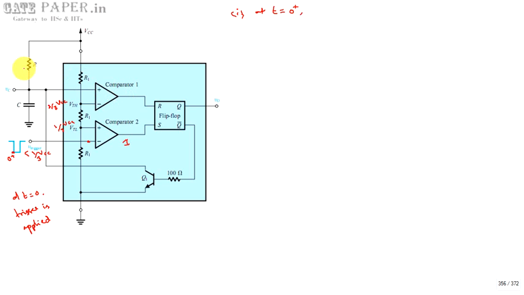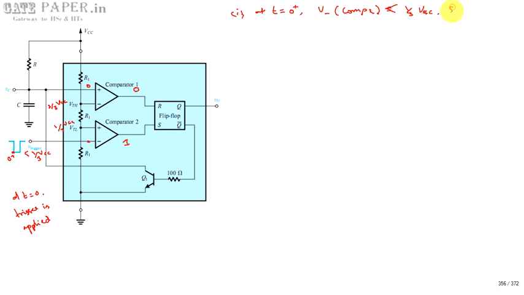Since previously output is at low level, capacitor voltage is at 0 and it is at 2/3 VCC. So 2/3 VCC dominates. So this output is going to be 0. You are applying at t is equal to 0 plus, okay, non-inverting terminal of comparator 2 whose value is less than 1/3 VCC.